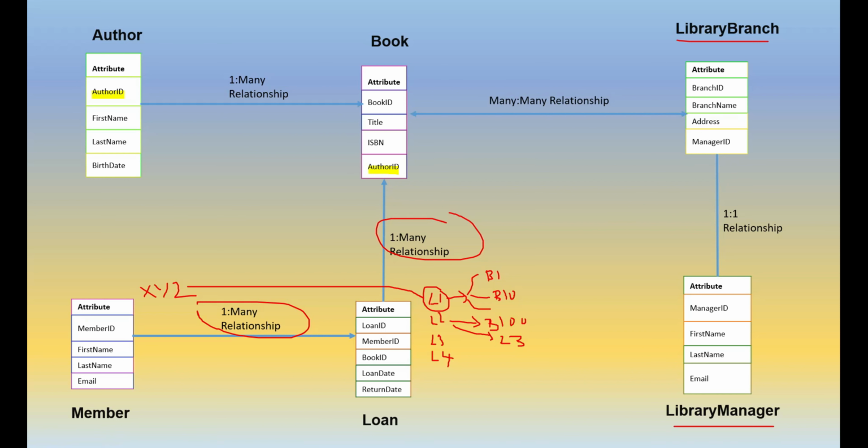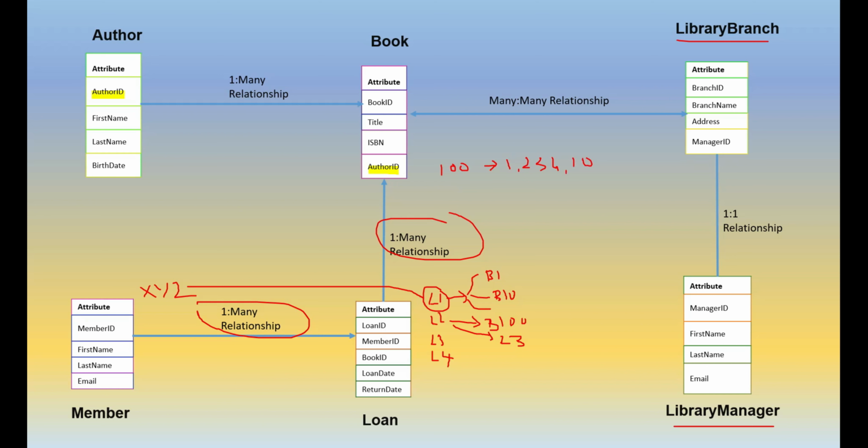And finally, we will understand many to many. Suppose you have a library branch, and that library branch can have multiple books. So this particular branch, with branch ID 100, can have, say, book 1, book 2, book 3, book 4, book 10.